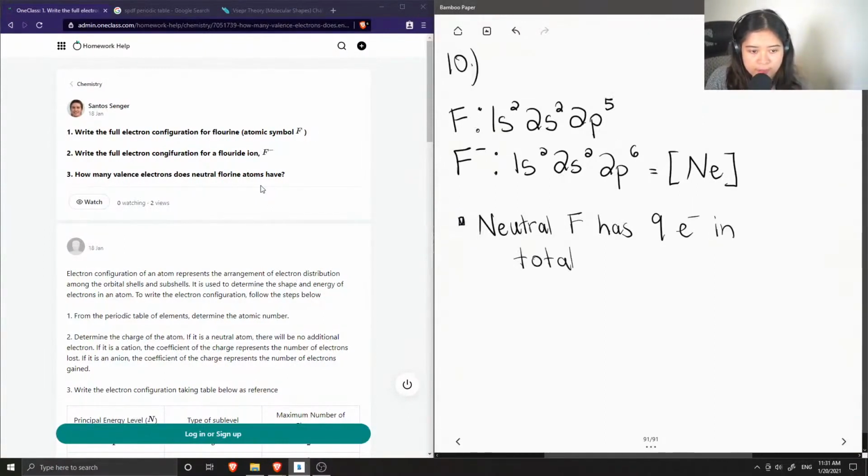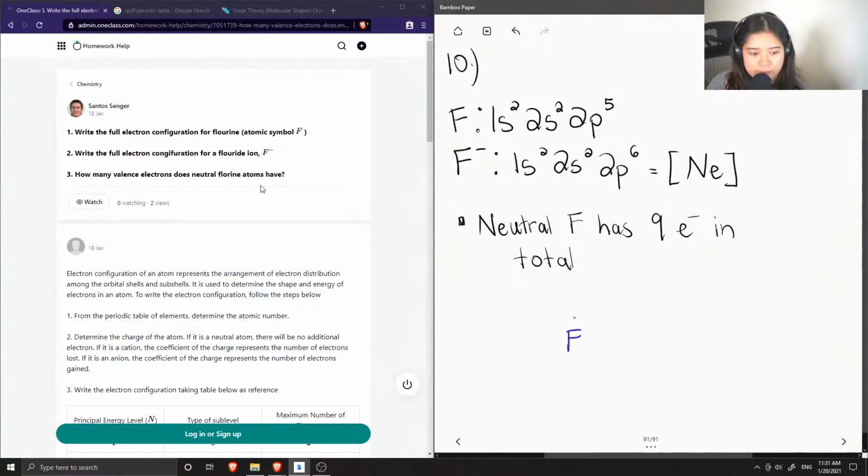If we count out all of the superscripts in our neutral fluorine atom, 5 plus 2 plus 2 is 9. So now let's try to show a diagram of this atom.